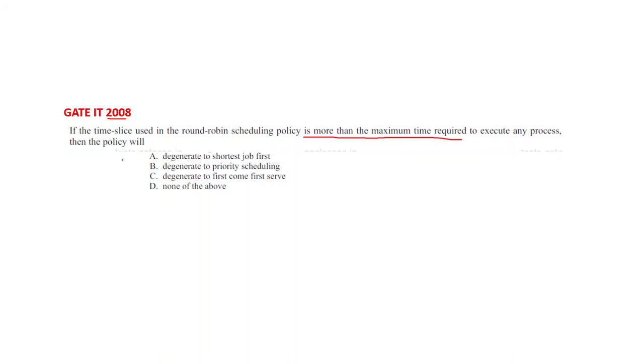Now, as we have seen in round robin scheduling, the processes are dispatched to the processor in the order in which they appear. Say A, B, C, D. So A was the first process, so A was dispatched to the processor first for some time quanta, then B, then C, then D. Since the time quanta or time slice was more than the maximum time required to execute any process, say the time quanta was q, so at q time quanta A, B, C, D, all the processes finished their execution.